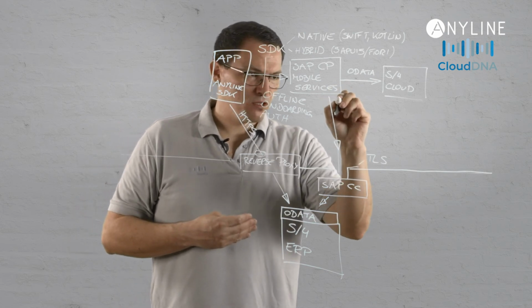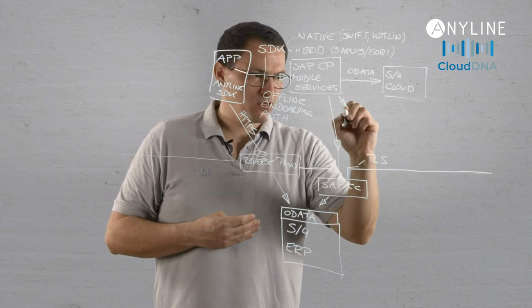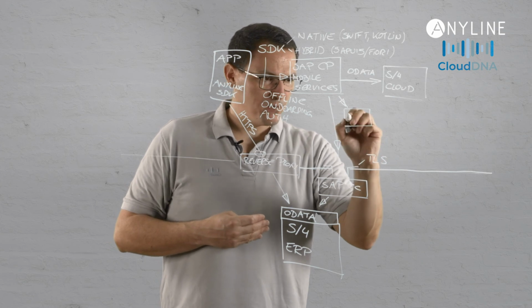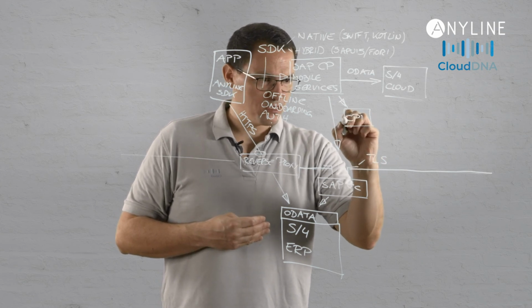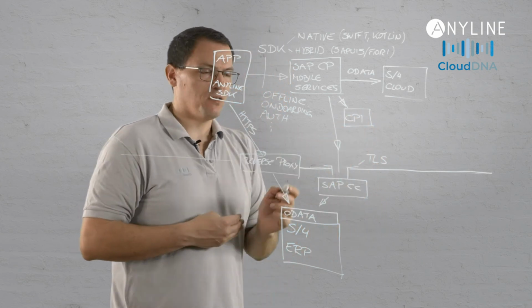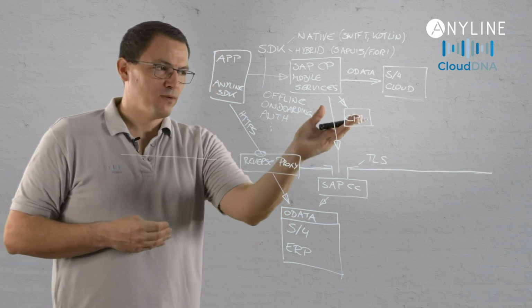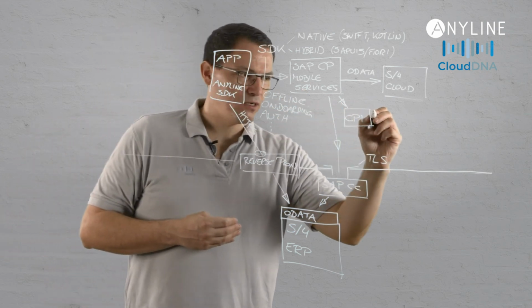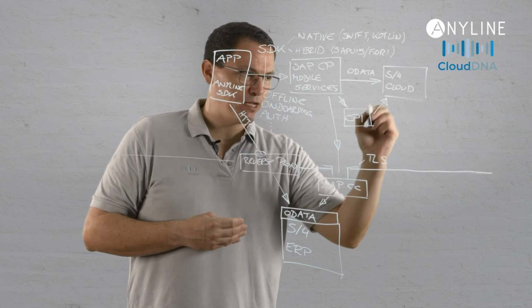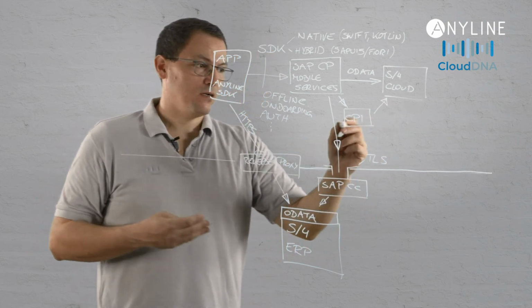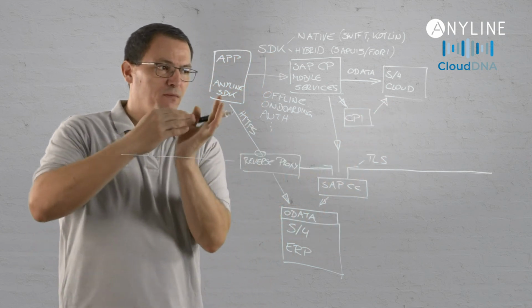You can call CPI, SAP Cloud Platform Integration. That's the middleware that is offered by SAP in the cloud platform. This can provide an OData interface, and you can call other technologies like REST and SOAP APIs in the CPI and offer them as an OData service.